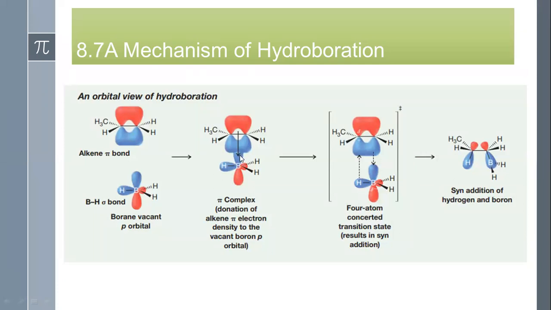It's like the p orbital will form a head-on overlap with the other p orbital of your boron, in such a way that the pi electrons in the pi bond form a head-on overlap here.